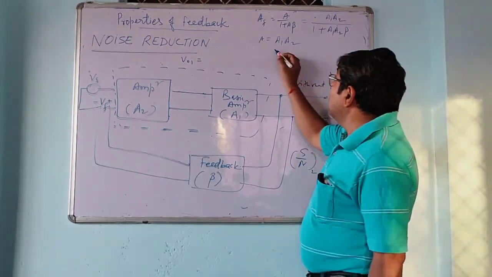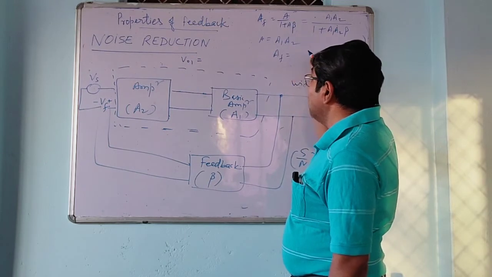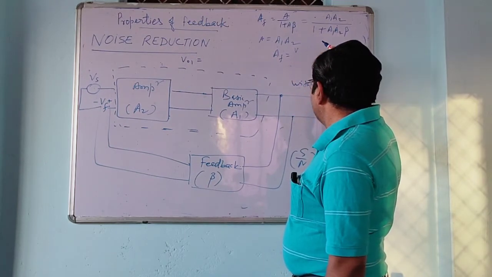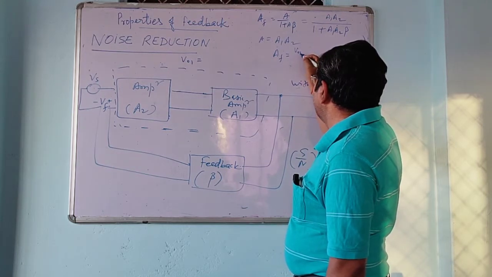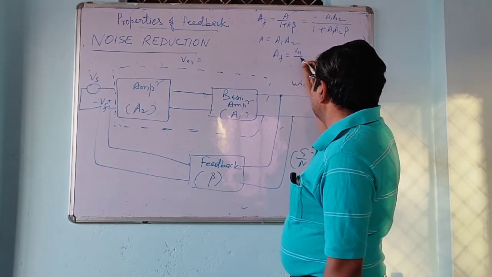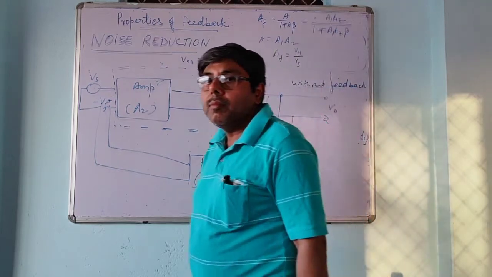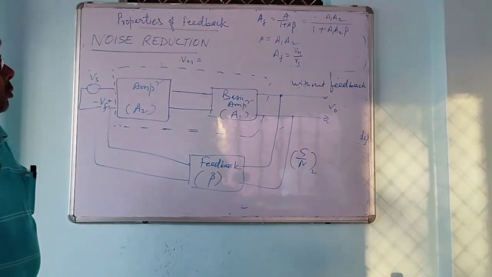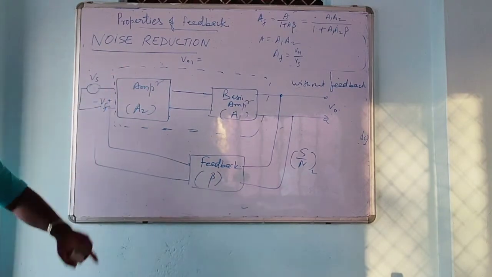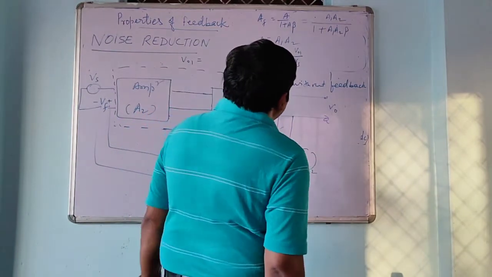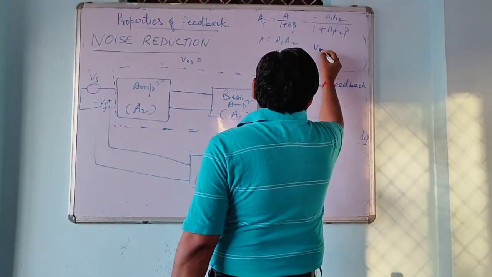So what is this? AF is the output upon input. So suppose this is V01 upon Vs, output upon input. This is the gain, and from here we can calculate V01.